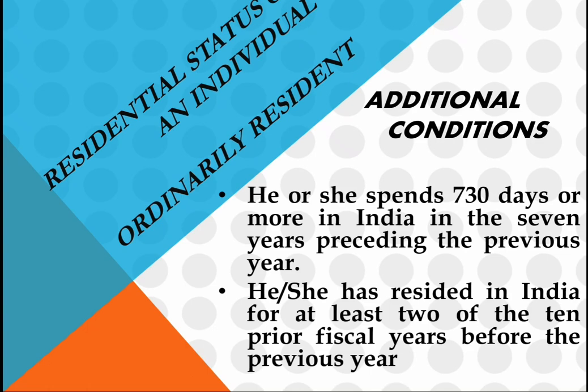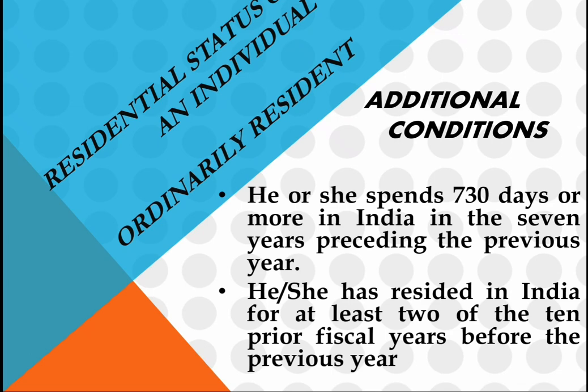Under additional condition also there are two criteria, but a resident must satisfy both the conditions. Then only he is known as an ordinarily resident. If he fails to satisfy any one of these additional conditions, he is called not ordinarily resident. That means he is only a resident, not ordinarily resident.